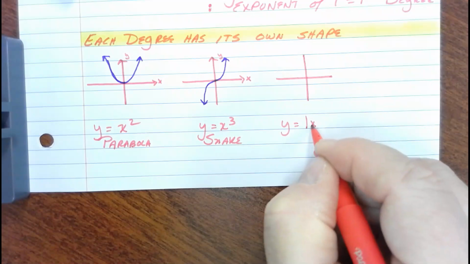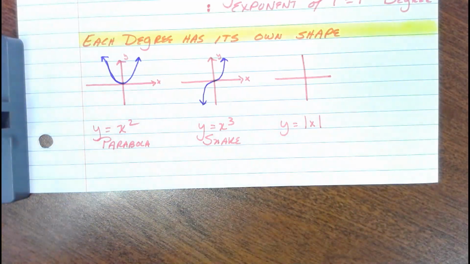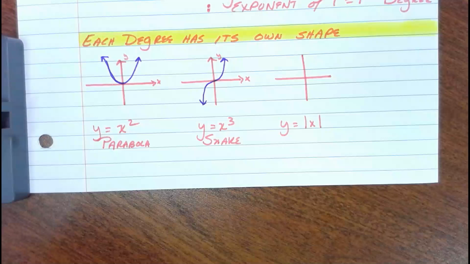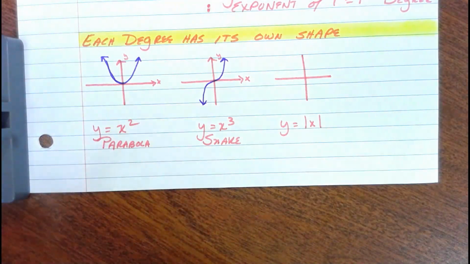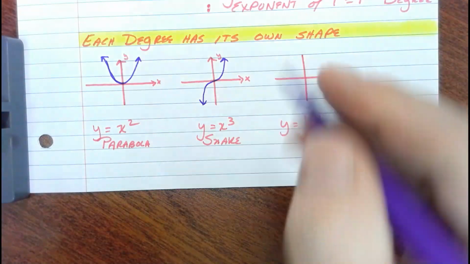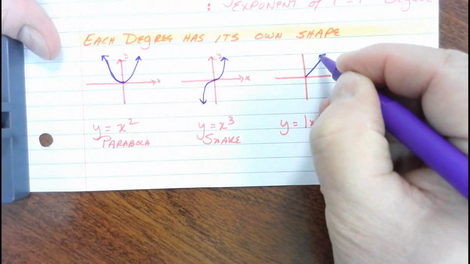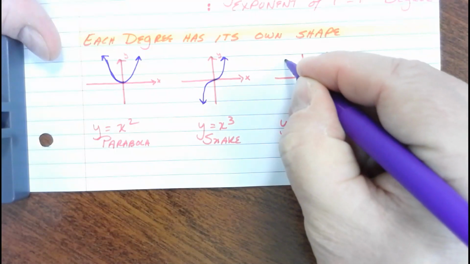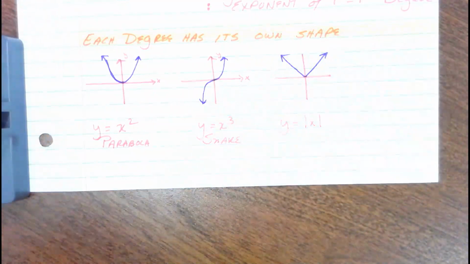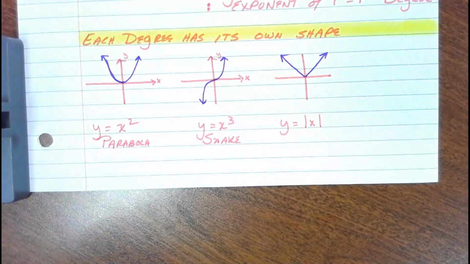Y equals the absolute value of x is one we talked about the other day as well, and that's the shape of a V.